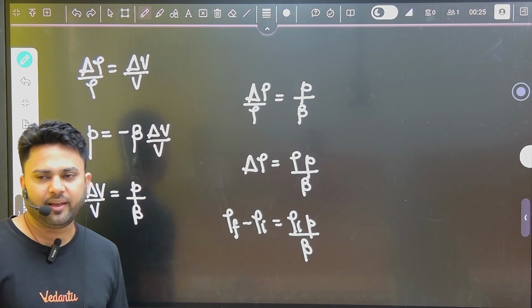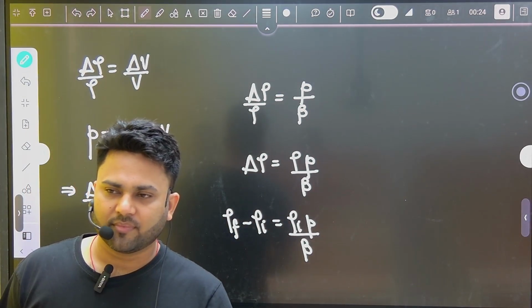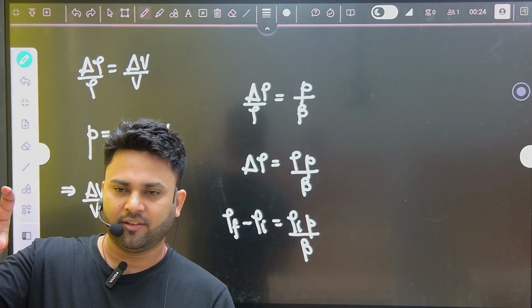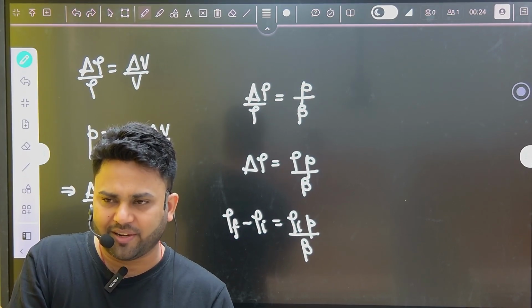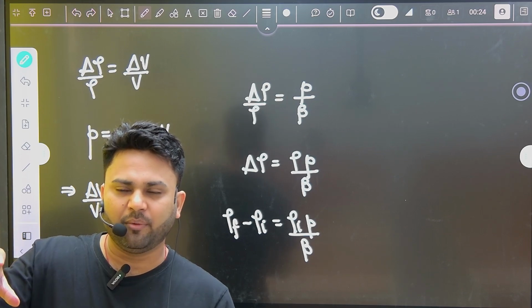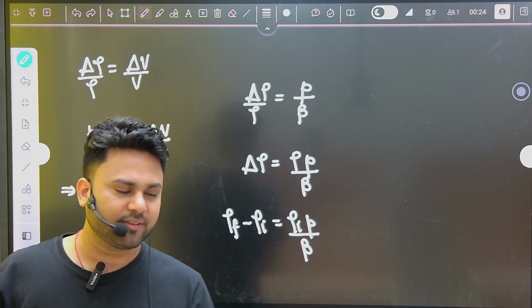What I told, what will happen? Density equals mass by volume. Mass is constant, volume is decreasing. If the denominator becomes less, the whole fraction will become more, which means final density will increase.